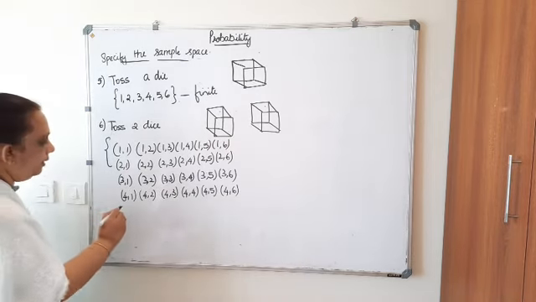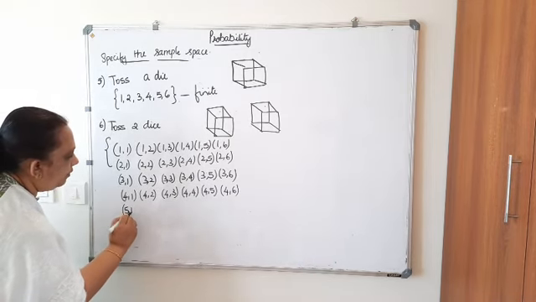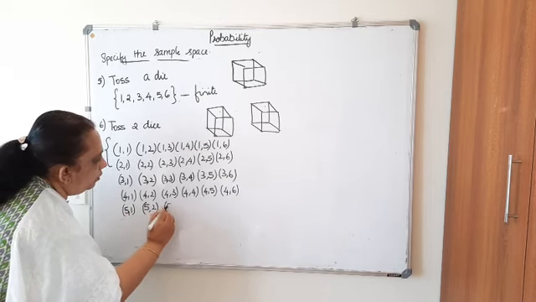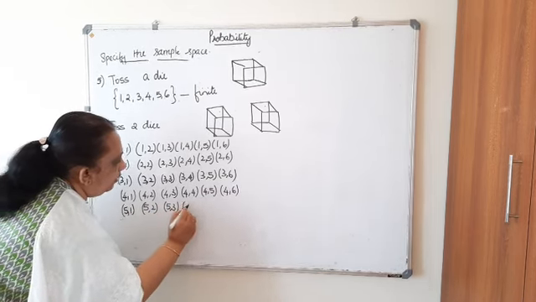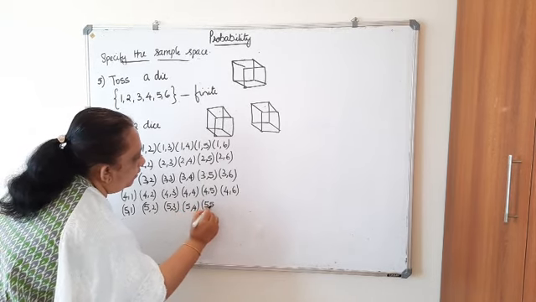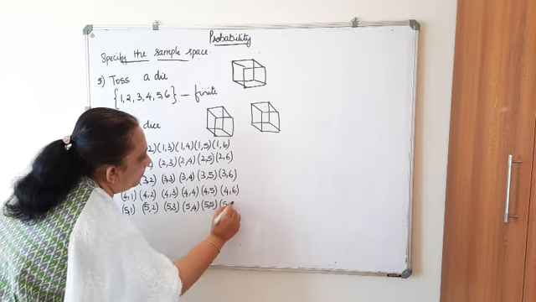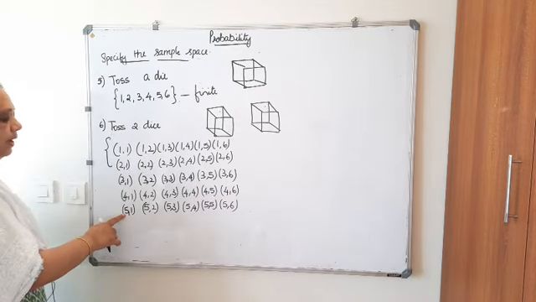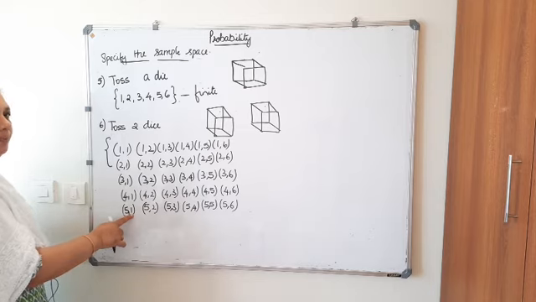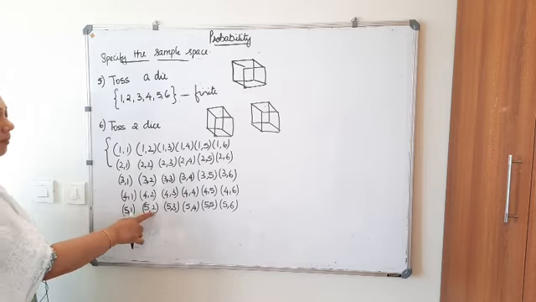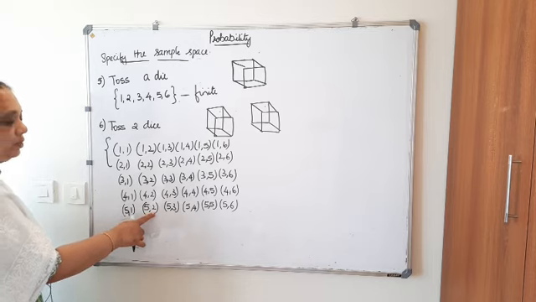Or it can be 5 1, 5 on the first die, 1 on the second die, 5 2, 5 3, 5 4, 5 5, 5 6. That means the upper portion on the first die shows 5, and the second die shows 1, then 2.